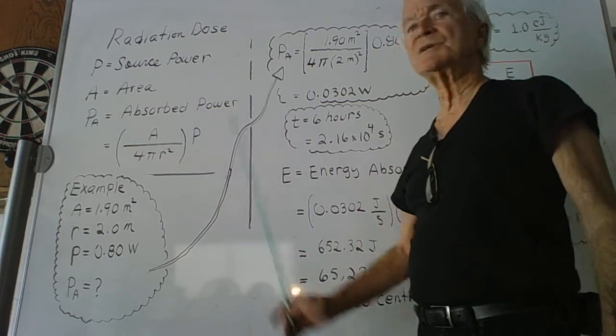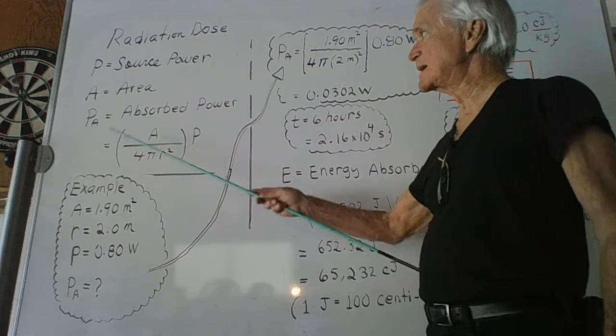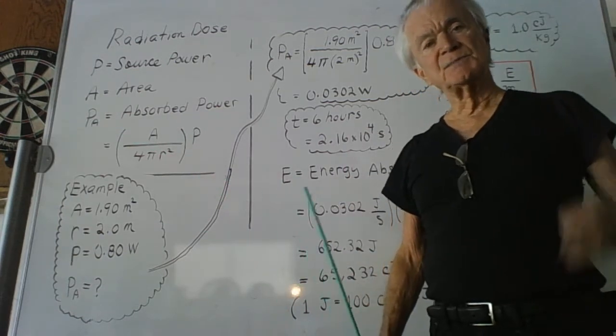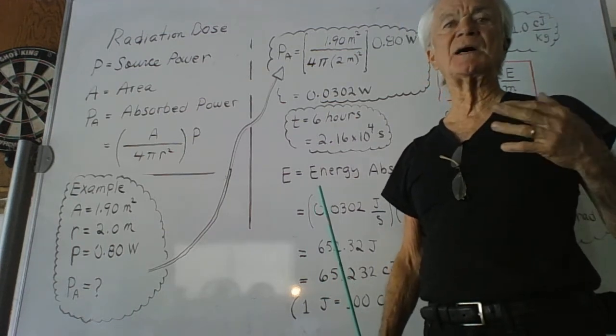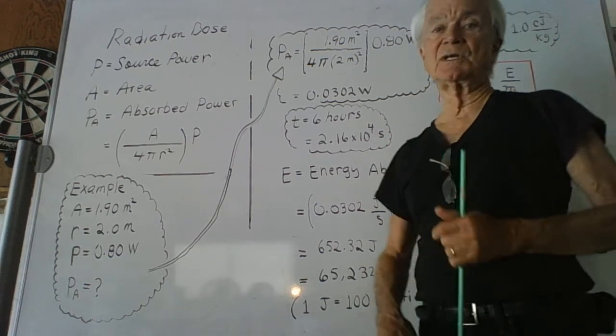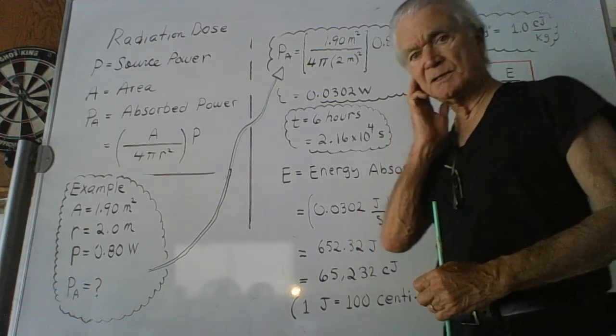The P here is a power. It's P subscript A. It represents the absorbed power, the power absorbed by that person, measured again in joules per second.